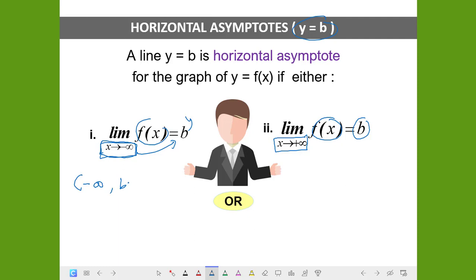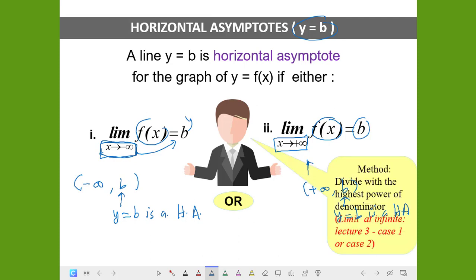So y equals b is a horizontal asymptote. That is the way to remember the horizontal asymptote.